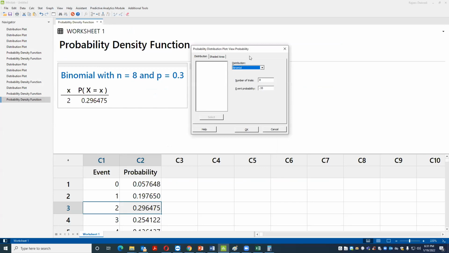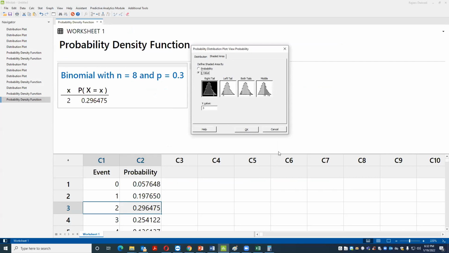I took the sample of 12. Probability is 20%, which is 0.2. Now my question is how many, more than 5. So I would like to see this side, these numbers.